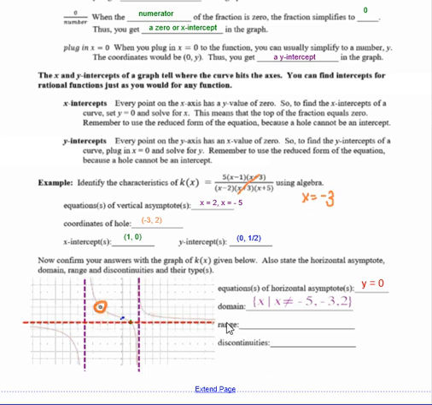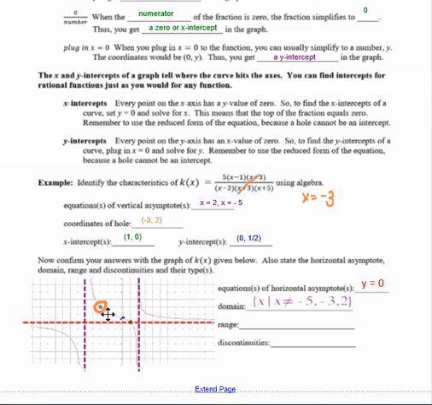For the range, we can go through a similar exercise. We're going up, up, and away with the exception of this value here at 0. However, if we look, this is only skipped on the ends on the left side and the right side, but this value is used here for my x-intercept. So the range, while it looks like it skips the value of 0, actually contains the value of 0 here.